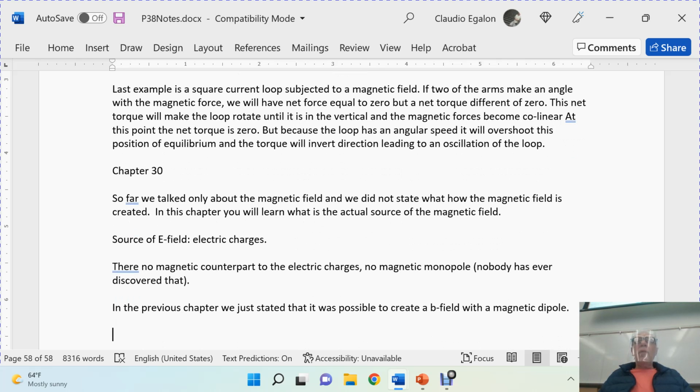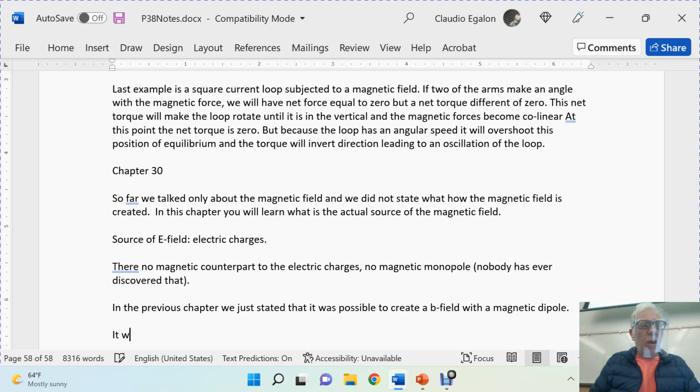But what really produces a magnetic field? What are those magnetic dipoles made of to produce a magnetic field? That was something that was discovered some time ago. It was surprising for the scientists who observed that.